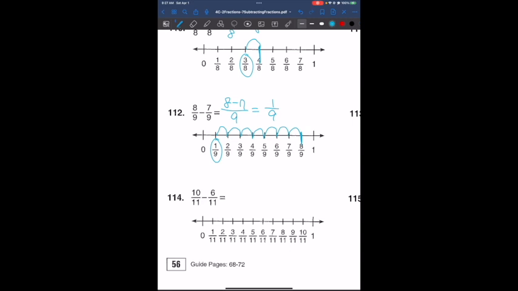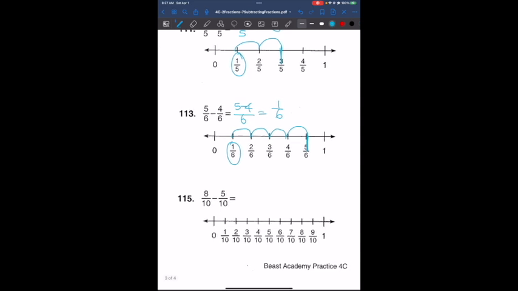And so here, algebraically, our denominator is going to be 11, and our numerator is going to be 10 minus 6, so it's going to be 4/11. On the number line, we start at 10/11. Each space is worth 1/11, so we're going to go 6 times. And that's going to bring us to 4/11.